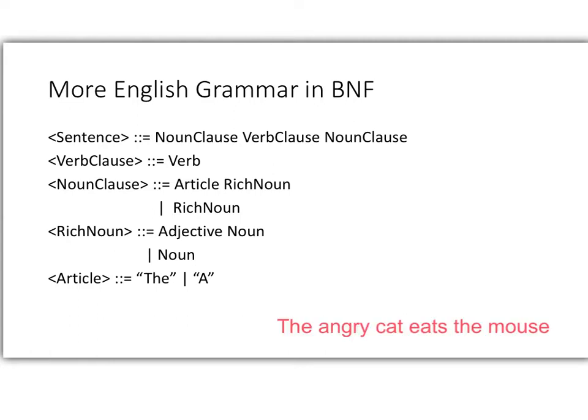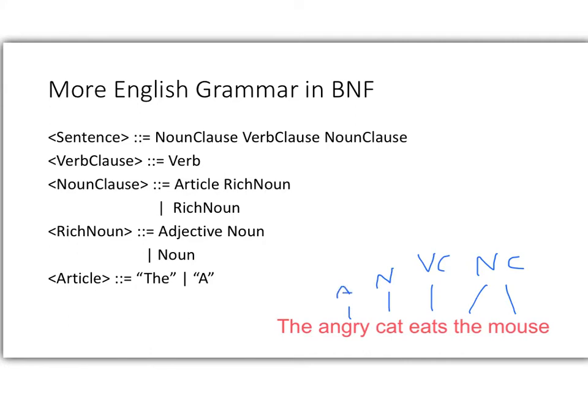Now we can get a bit more sophisticated, such as the angry cat eats the mouse. Let's do this one. The mouse is our noun clause, that's the object. The angry cat, eats is our verb clause, and the angry cat is our other noun clause. Now let's examine how that works. So cat is a noun, angry is an adjective.